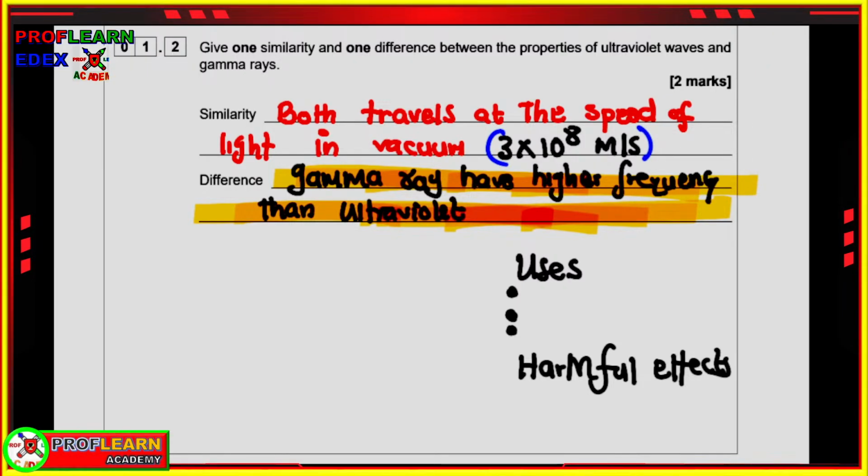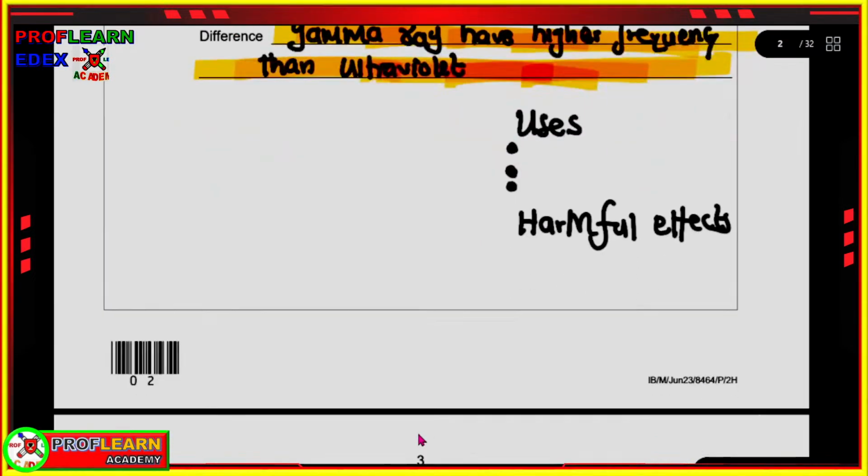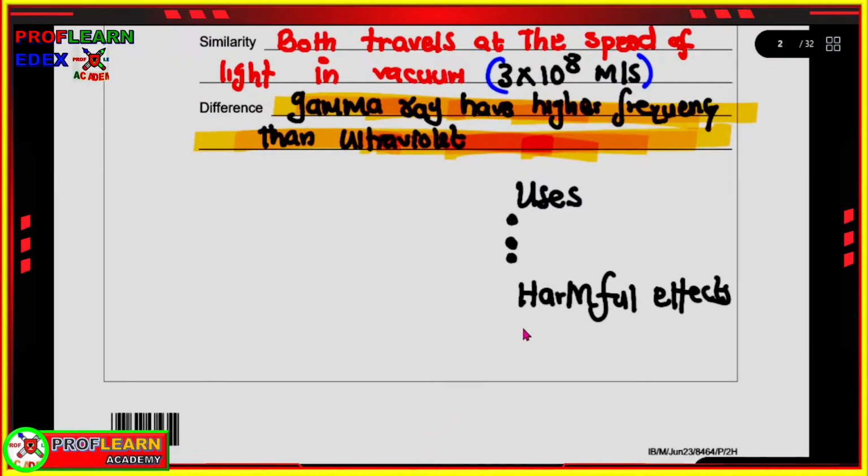We can talk of also X-rays or gamma rays used in medical field to treat cancer, and also they can be used to preserve food, because gamma rays can kill germs, and this can help maintain food. We can talk of infrared, which can be used for cooking food, radio waves used for communication, microwaves used also in satellite communication.